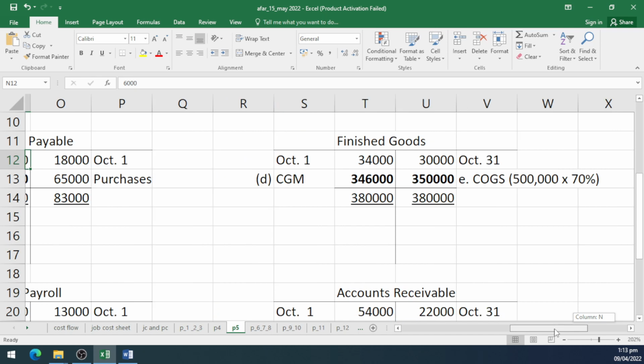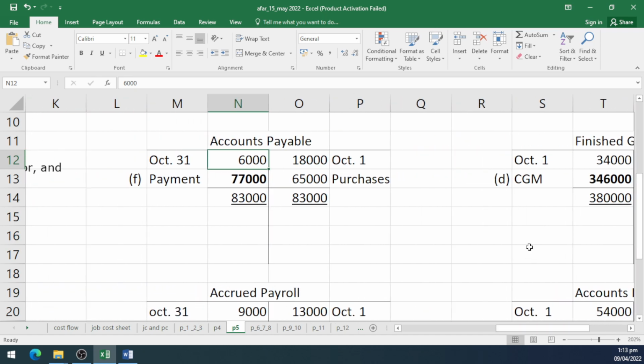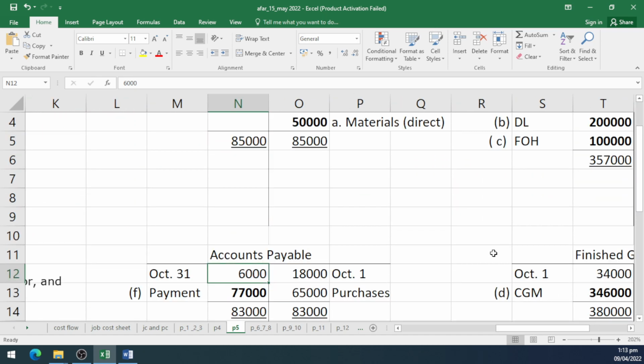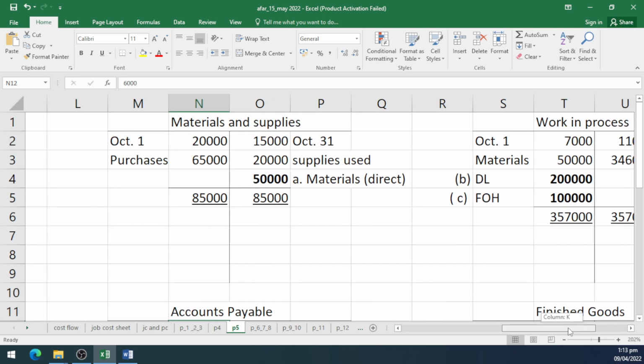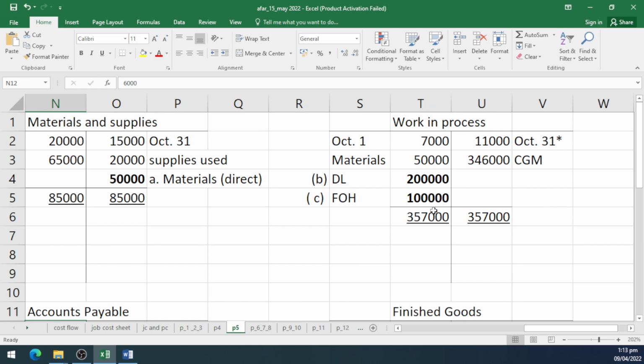As that is incurred, debit sa factory overhead control, and then, pag in-apply na yan, actual costing tayo, ililipat yan sa work in process. So, ito po. Debit to work in process and credit to factory overhead control. Debit sa work in process yan.